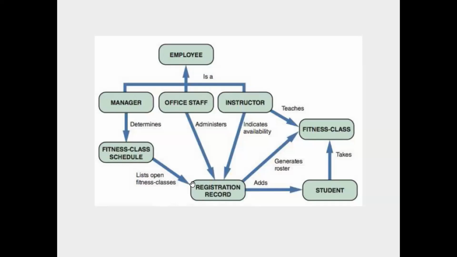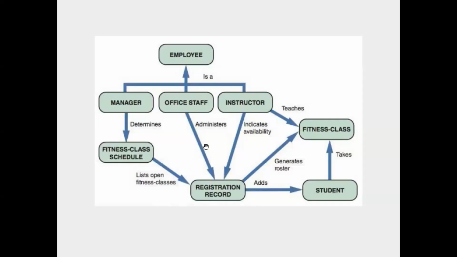And then you know that students will register, for the registration record. All the members are interacting with each other. So for example, we have the fitness class schedule, and the office staff will administrate it. The instructor indicates the availability, right?